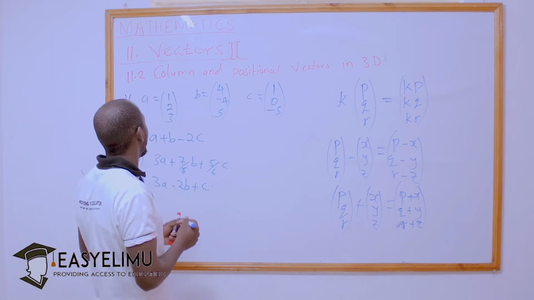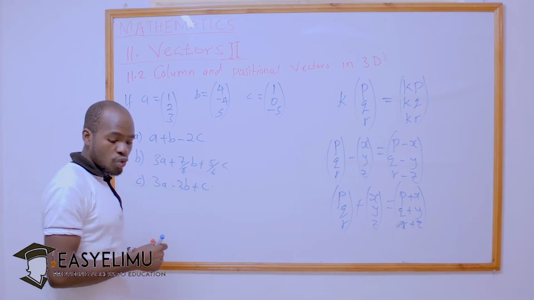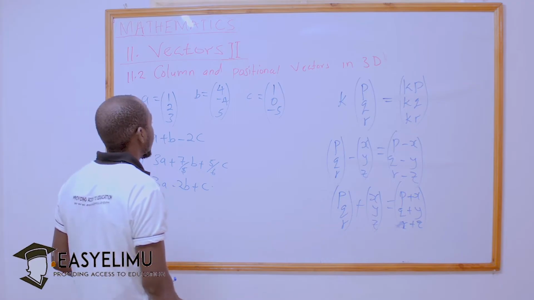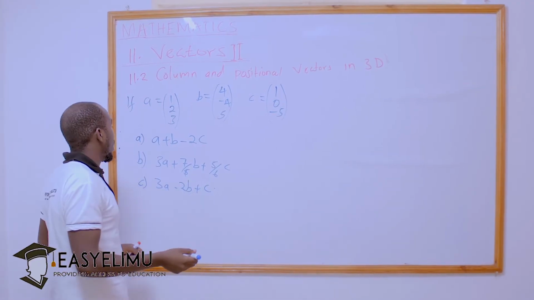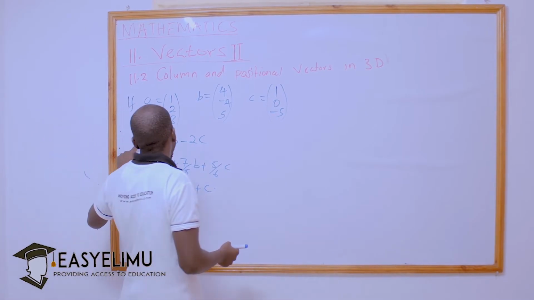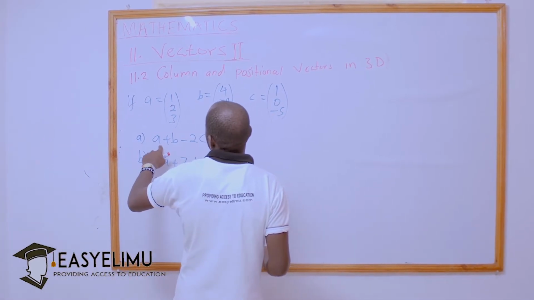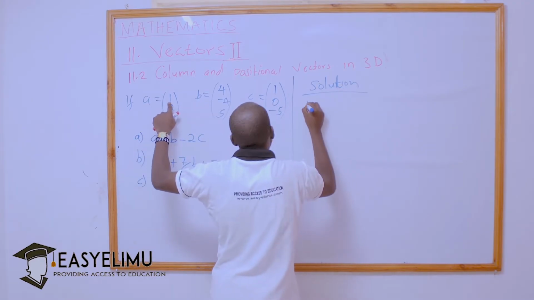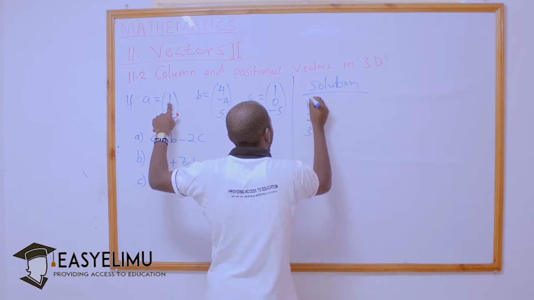So here we are going to use whatever we have been given to work out. I will work some of them out and others I will give you to work out. I will start with A, and for A we have 1, 2, 3.